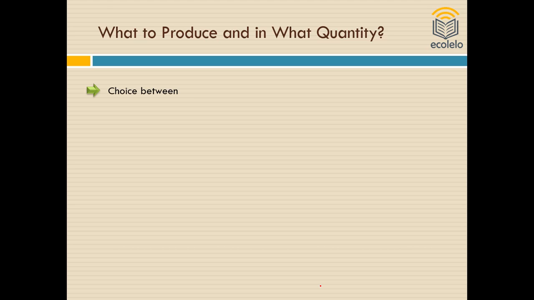Now because there are unlimited wants and limited resources, every economy has to make a choice between whether to produce a capital good or a consumer good. Now, what is a capital good?